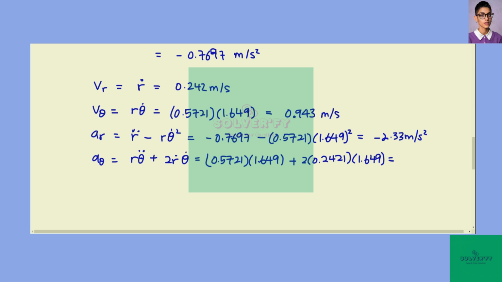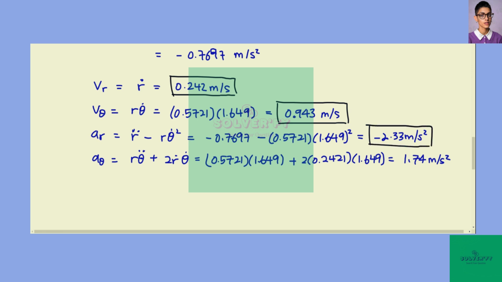Calculate this, you get 1.74 meters per second square. So here are the answers: radial and transverse components of velocity, and radial and transverse components of acceleration. And that's all for this question.